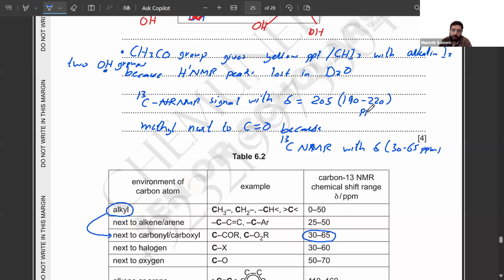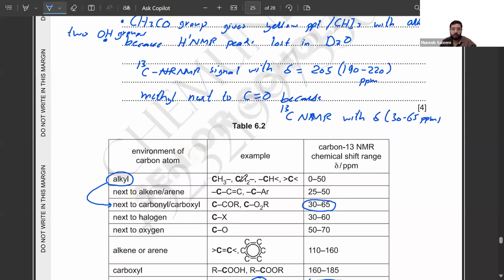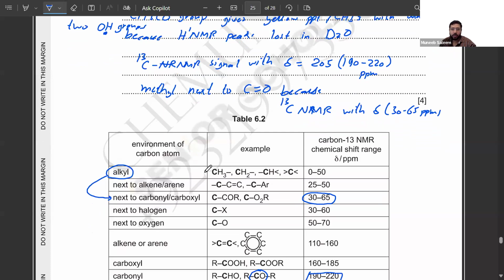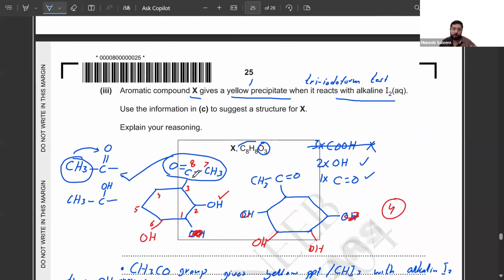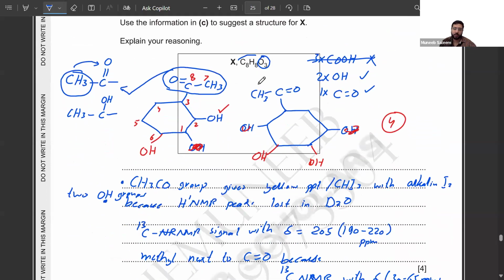We need to write ppm over here as well. So this is the reason why we had this structure present here. So we have proved the molecular formula, the 8 different chemical environments, the presence of the 2 OH groups, and the presence of the methyl ketone.